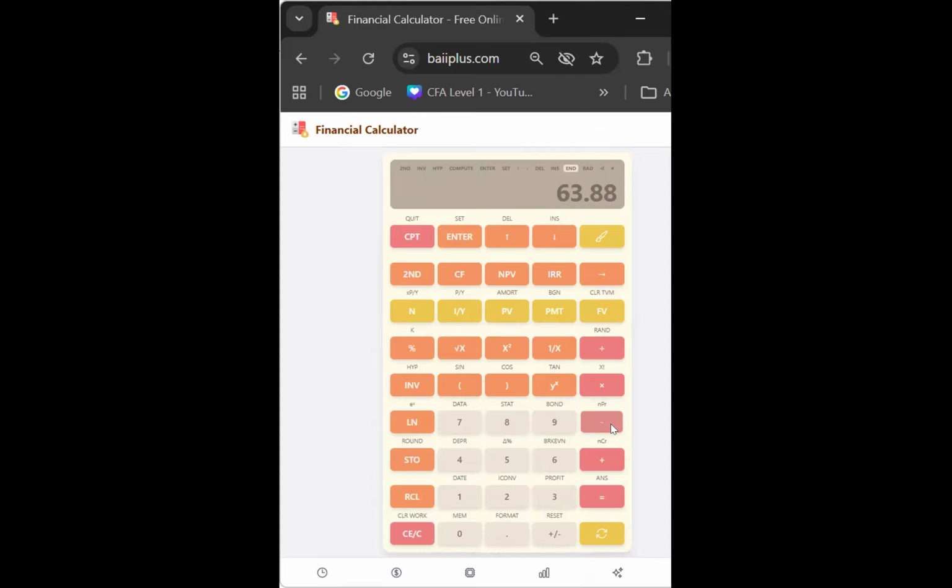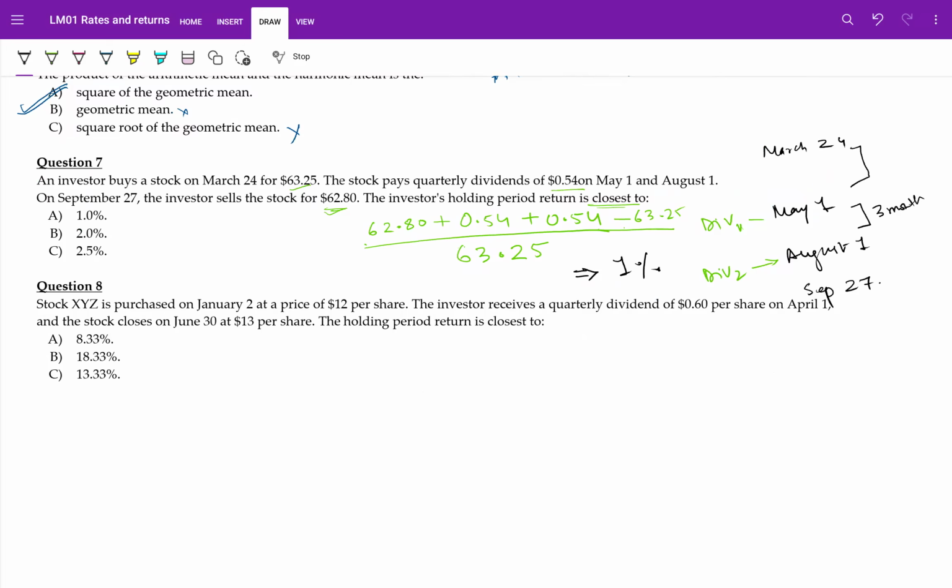And we now subtract 63.25. This is the numerator, and if we divide this by our beginning price, which we bought it for, 63.25, this is going to give us a value of 1%. If I need to convert this into percentage, I will multiply it by 100. And this is 1%. I hope this is clear. And you need to calculate with precision.